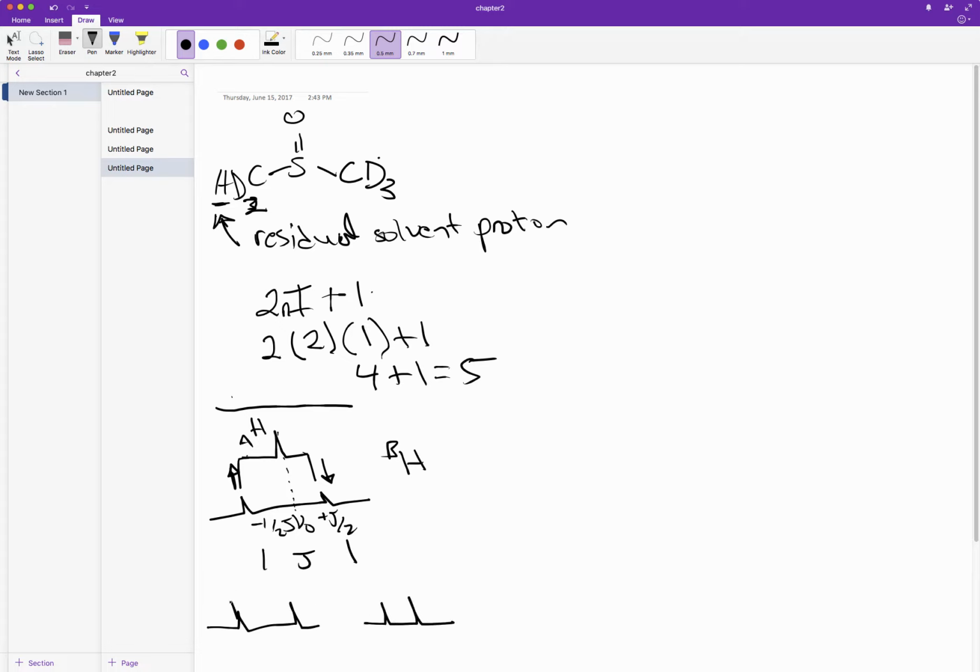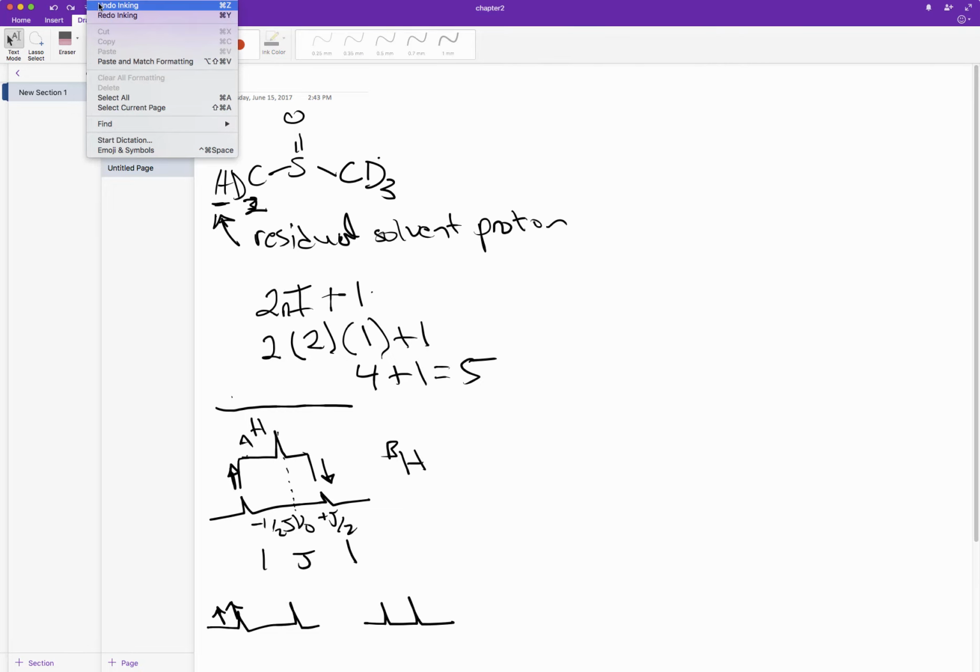Where you could say this one is up and this one is up. And remember, this is the spin state of the coupling partner. So this is up and down. Actually, let me do something a little bit different here.